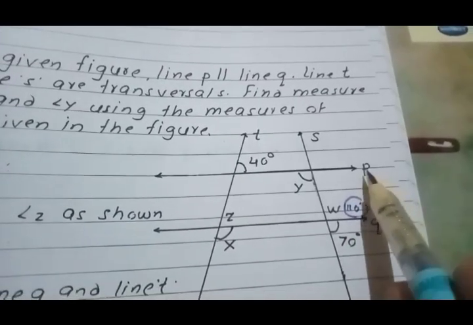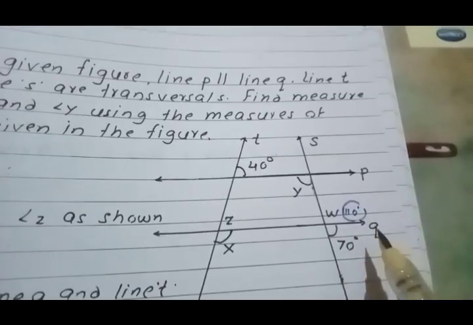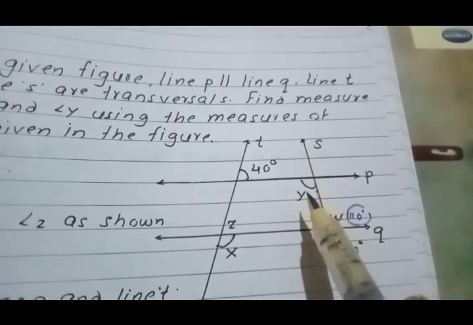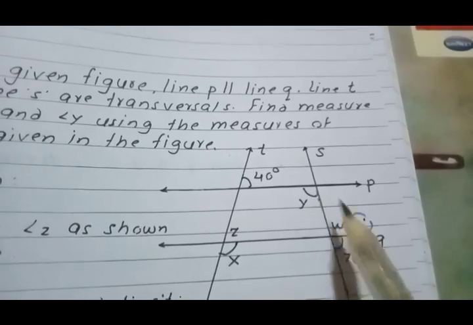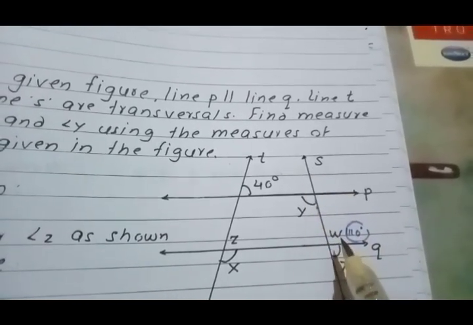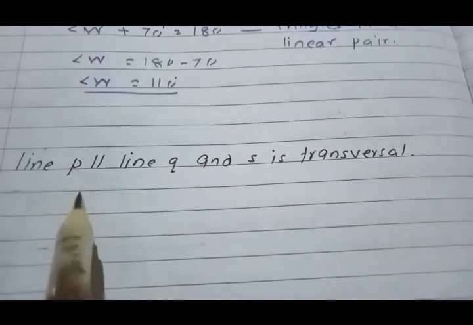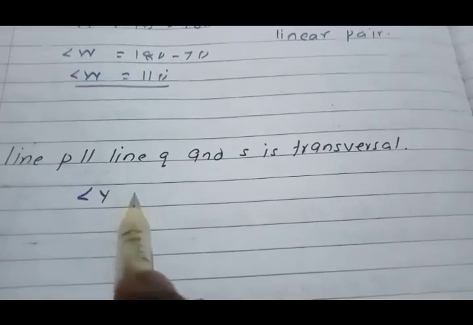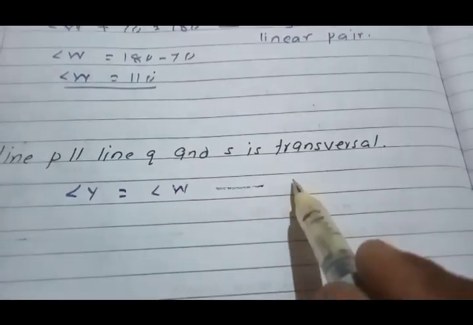Then line P parallel Q and S the transversal. So angle Y equal to angle W, alternate angles. Angle Y equal to angle W, reason: alternate angles.